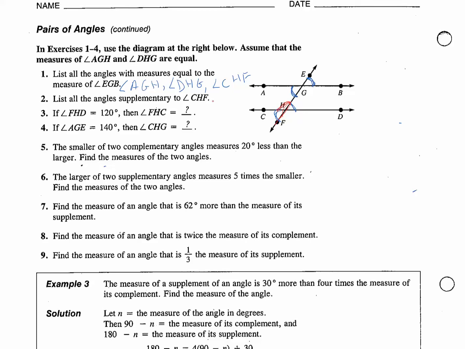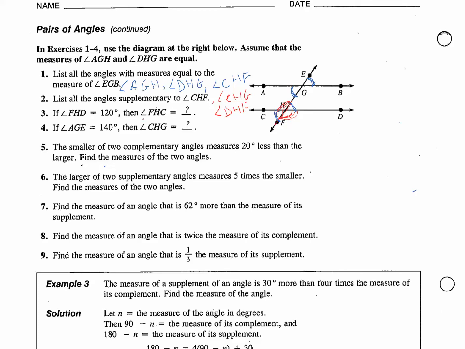So this one would be angle CHG, and together those would be supplementary. But remember, CHG has a vertical angle, which is right here. If I put CHF and DHF together, that would also make a straight line, which would make it supplementary, or 180 degrees. So I also have angle DHF. I know that's kind of small to write in.